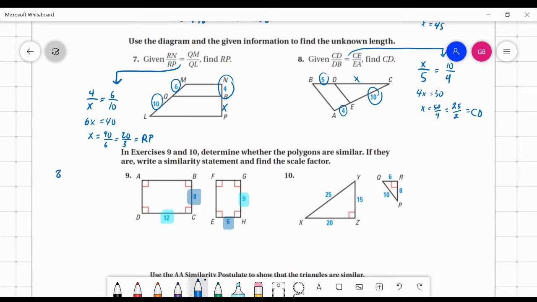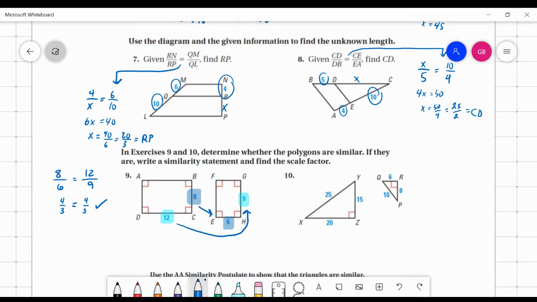So is 8 over 6 equal to 12 over 9? So let's simplify both fractions. 8 over 6, you could divide top and bottom by 2 to get 4 over 3. 12 over 9, you could divide top and bottom by 3 to get 4 over 3.